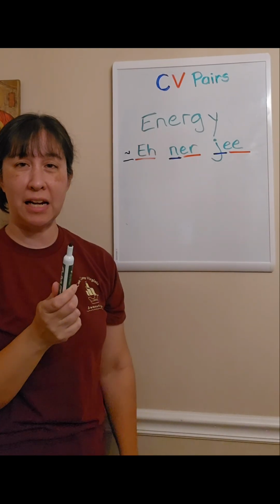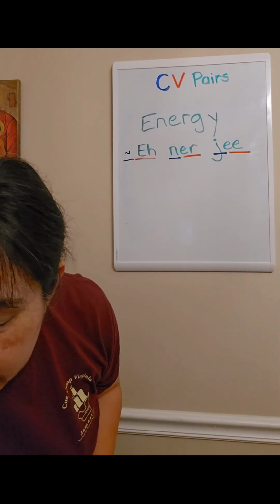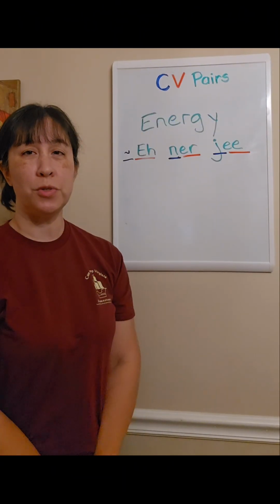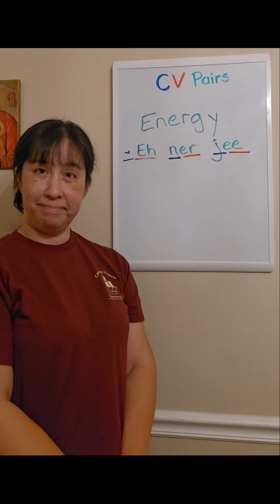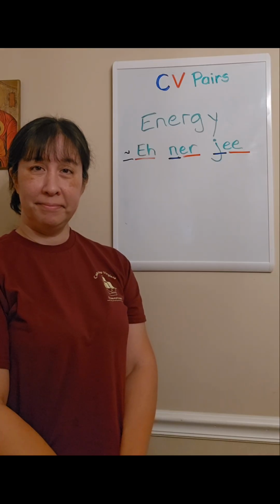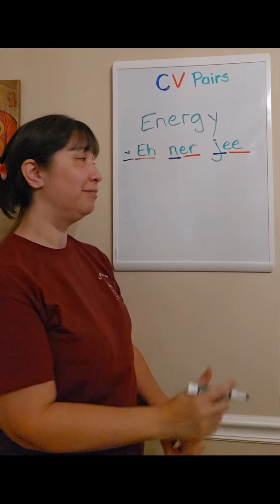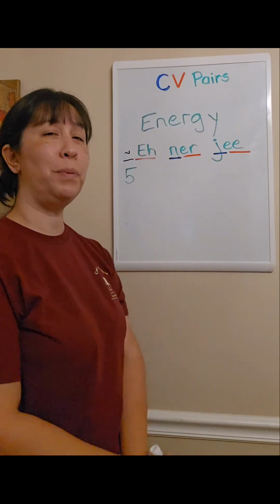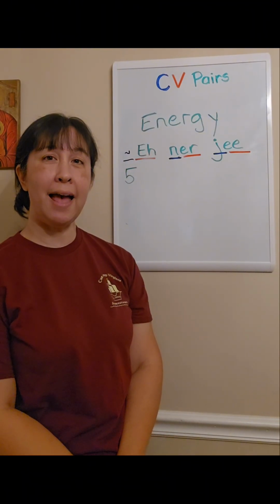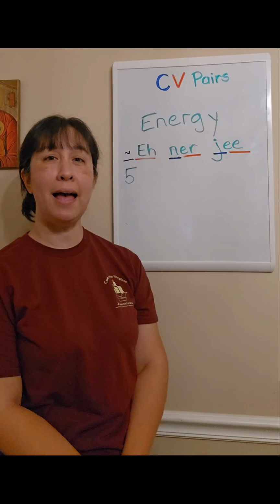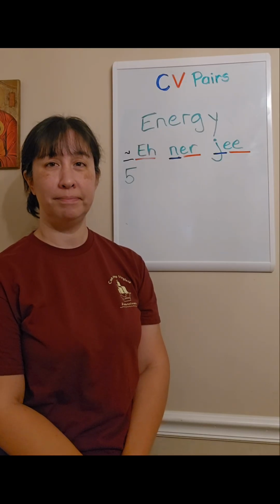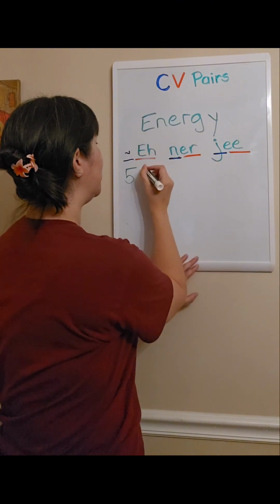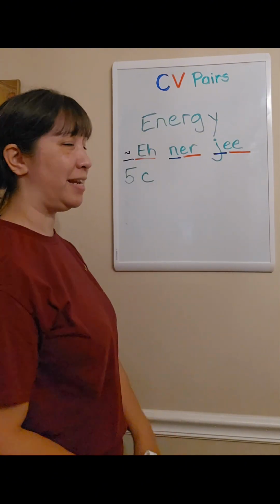Now let's figure out how to cue this word. So what hand shape do we use when we have a vowel alone? Hand shape 5. So we're going to stick a 5 there. And what placement do we use for the short E sound? It's at the chin. So I'm going to write a C for chin. Good.